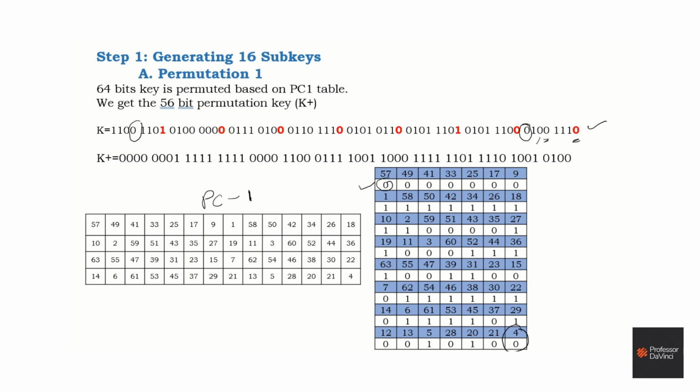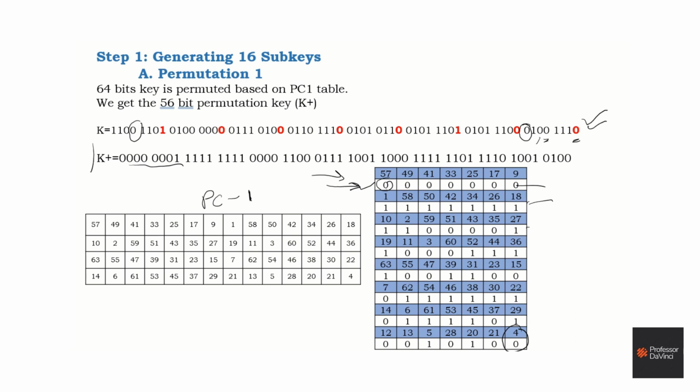Once we populate the PC1 table with the bits from K, that is the key, this permutation is made for jumbling or shuffling the bits. Then we collect from left to right, row wise.